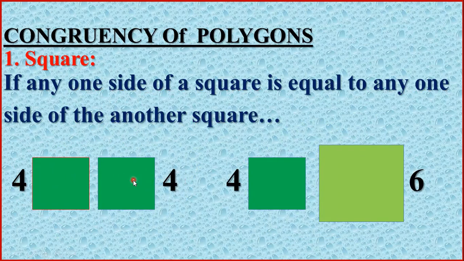And the shape is also same, since all the angles are right angles in both the figures and the sides are proportional. Shapes are also same and the sizes, the areas, are also same. In the second pair, though the shapes are same, the areas, the sizes are not same, therefore they are not congruent.